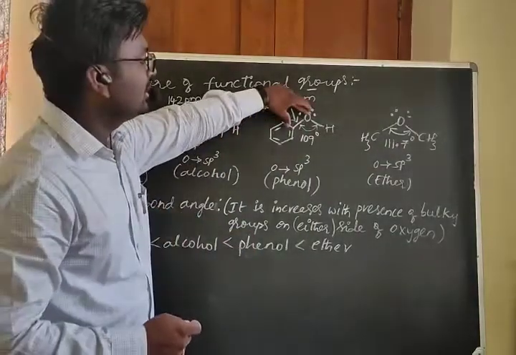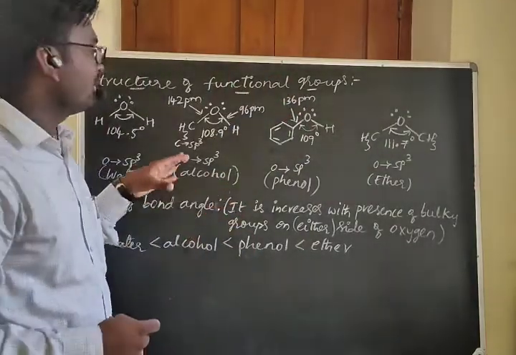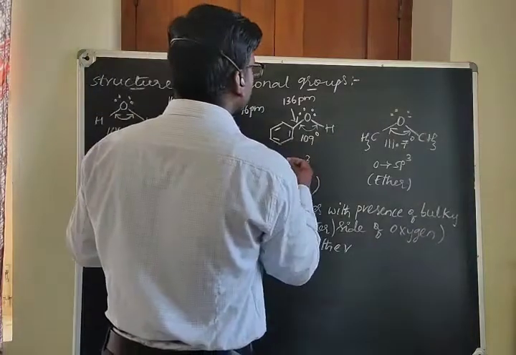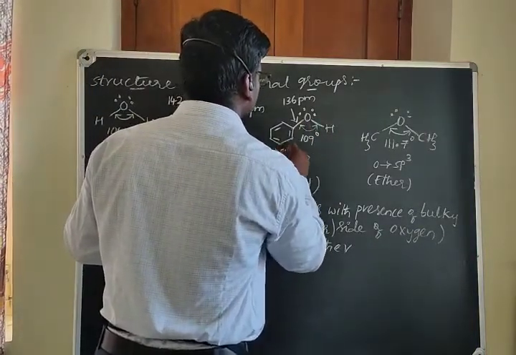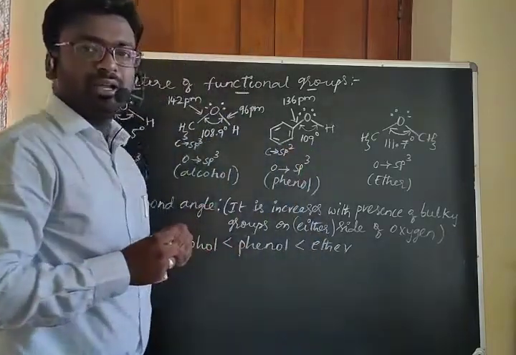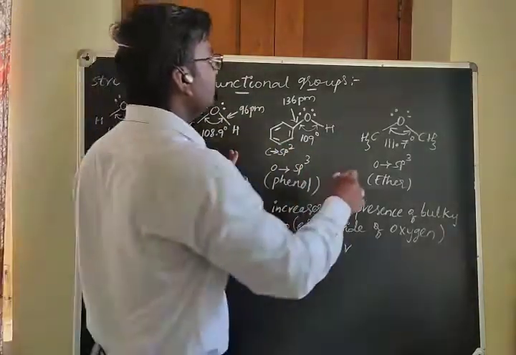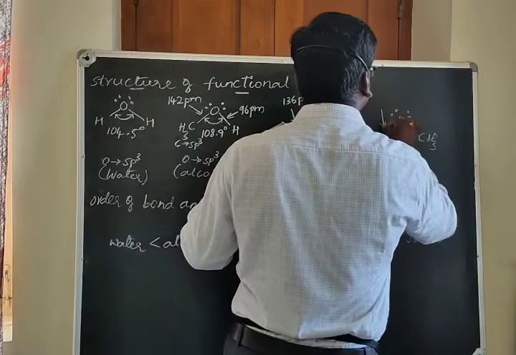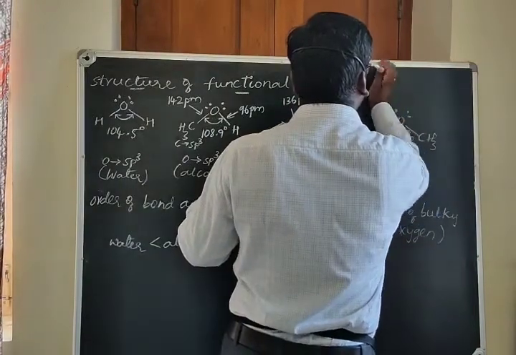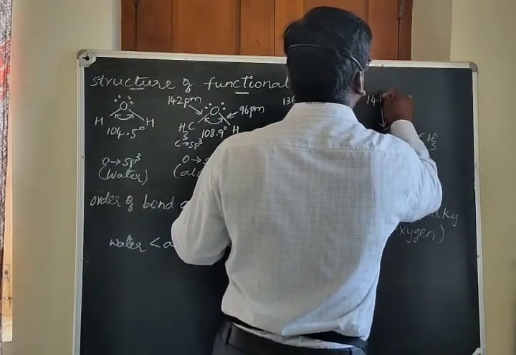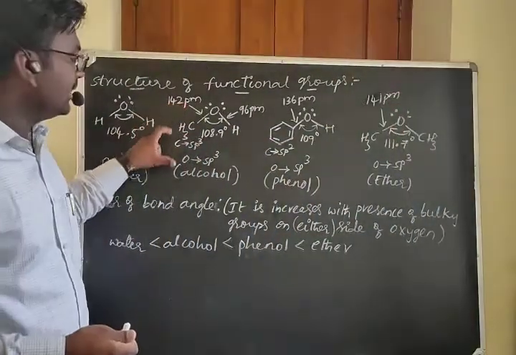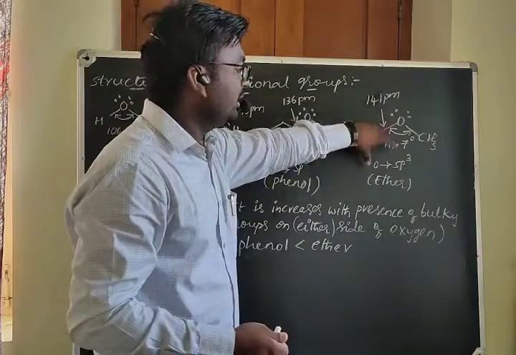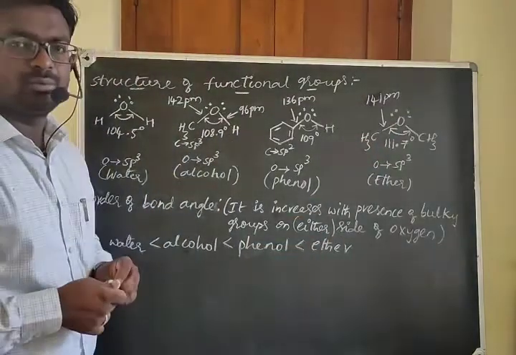Why does this have a short bond length? It is because here the carbon is sp2 hybridized. Come to this CO bond, it is also 141 picometers. Here the CO bond length in alcohols and in ethers is almost the same.